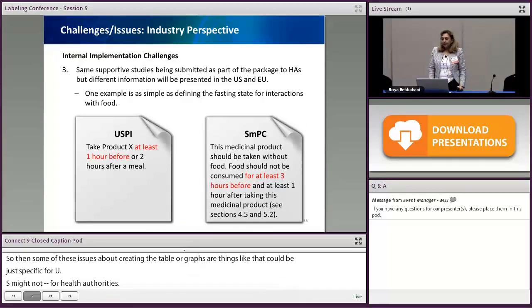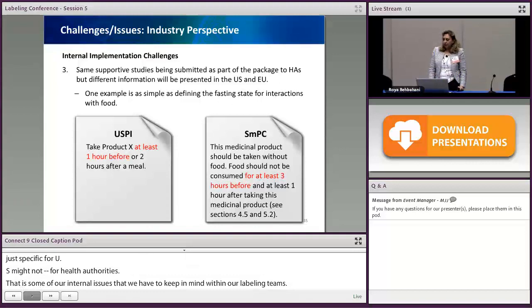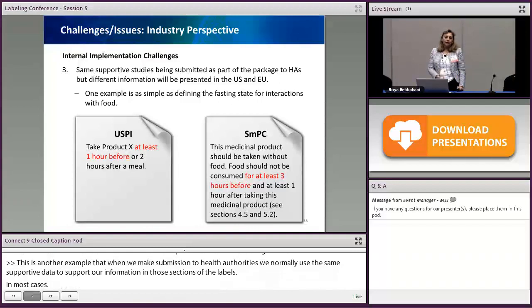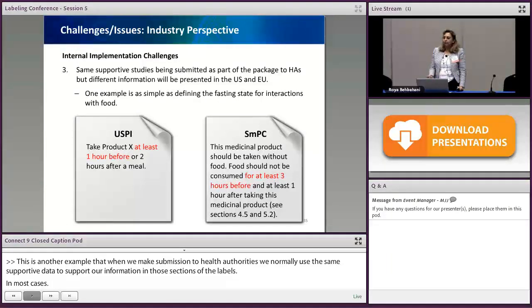This is another example. When we make submissions to health authorities, we normally use the same supportive data to support our information in those sections of the labels. In some situations, when we have specific conversations with health authorities about specific information they request, those can obviously be submitted in addition. But the main supportive studies are there.